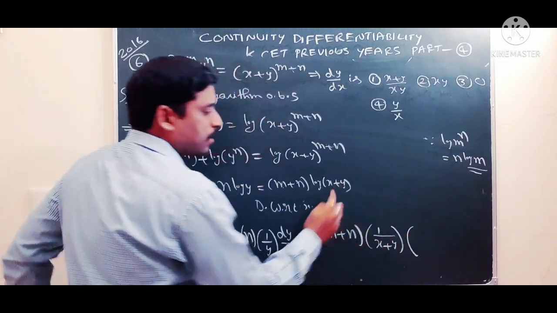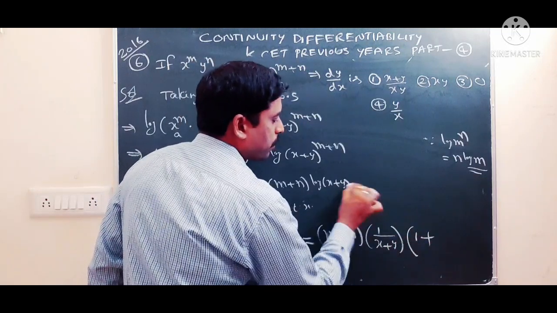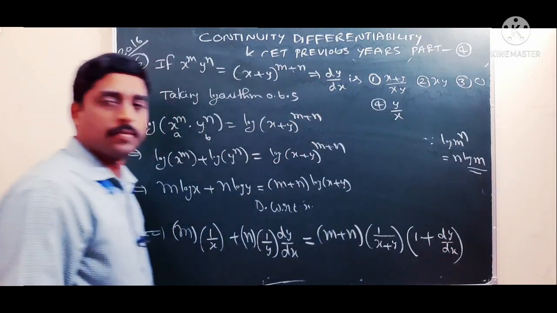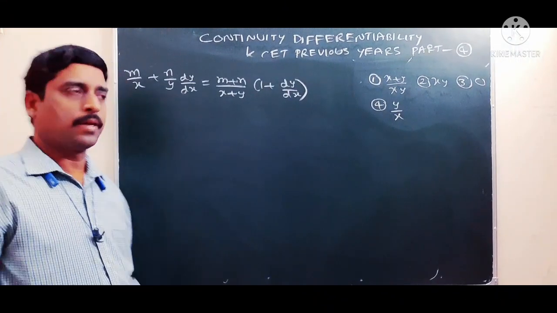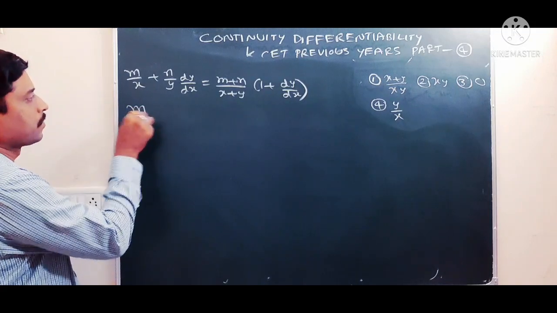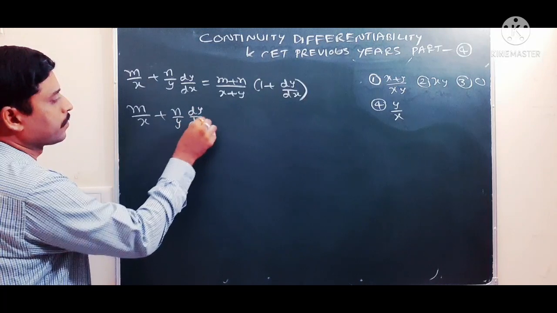But derivative of x plus y: derivative of x is 1, derivative of y is dy by dx. So by using the chain rule, okay, we got this value: m by x plus n by y into dy by dx.